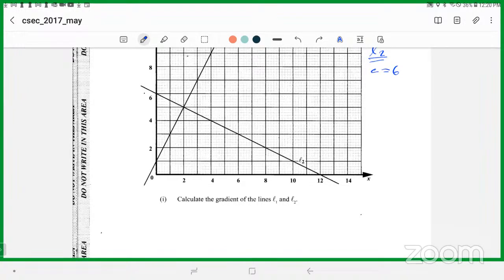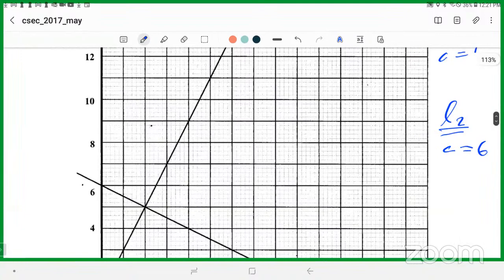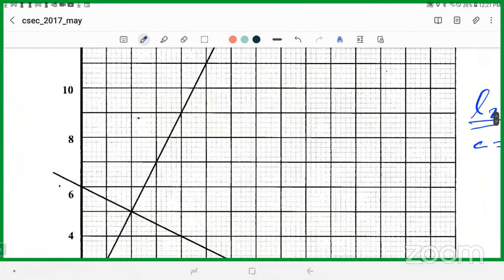So m1, the gradient of line 1. I'm going to come on the graph and use any random 2 points. Let's do it in red. I've decided to use this point and this point. Any 2 points you can use. Going from left to right, I'm going to count the rise. The rise is 2 units. This is 7 and this is 9. So rise 2.